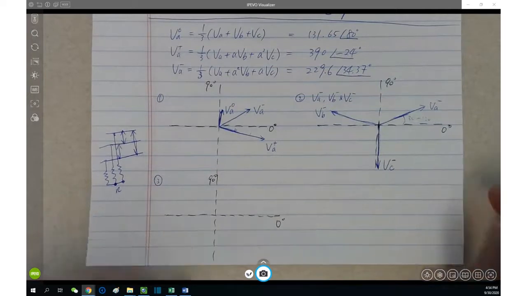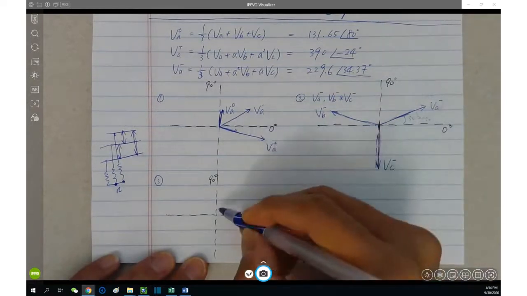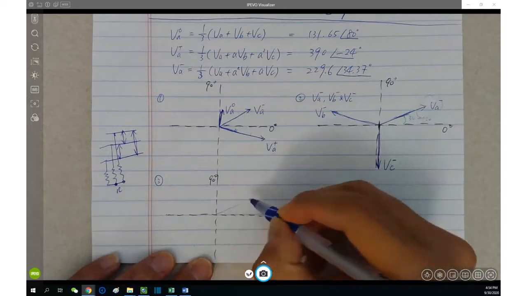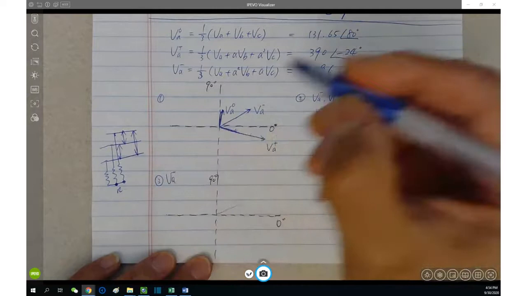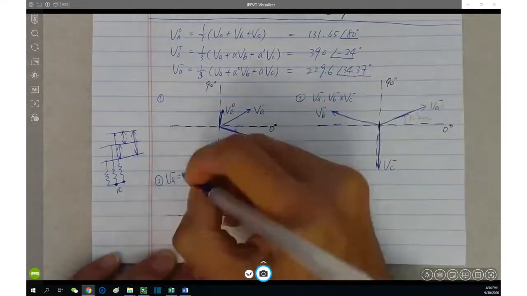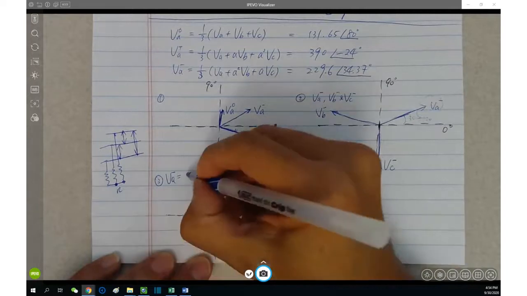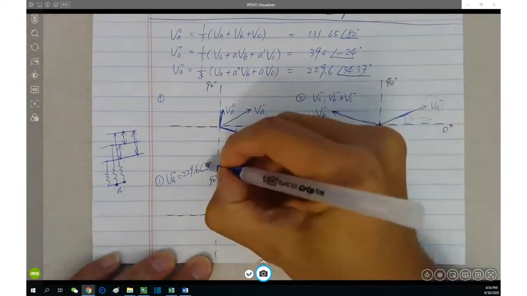Phase A negative sequence is available here, as well as here. Phase A is the easiest. As long as you have symmetrical components, you already have it. But before that, VA minus equals to, you need to write them down. The reason for writing them down is for you to understand how big they are.